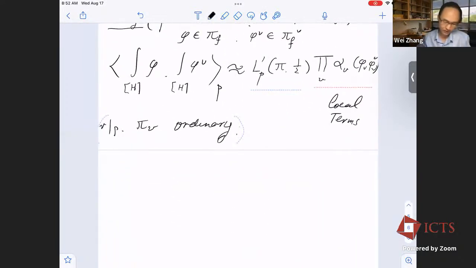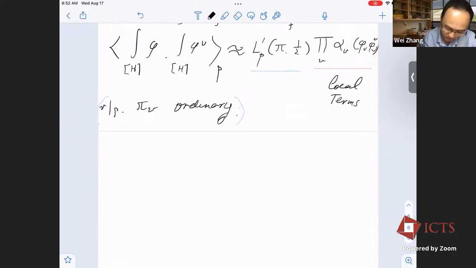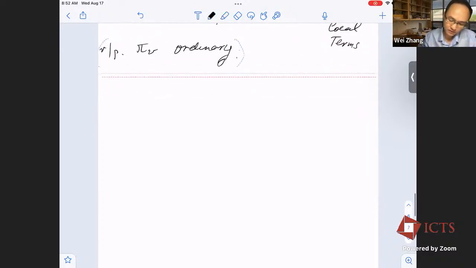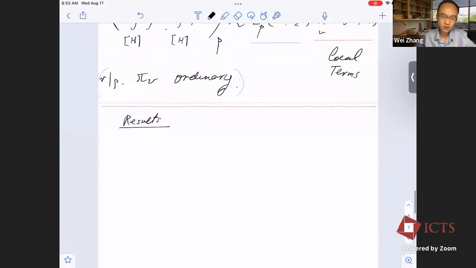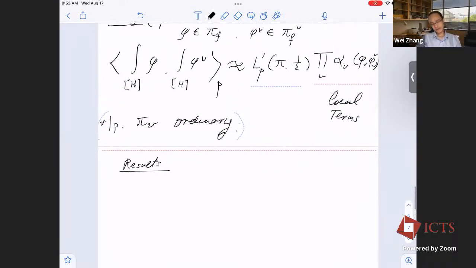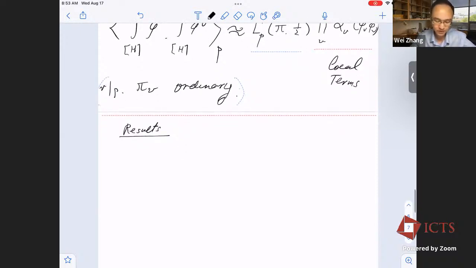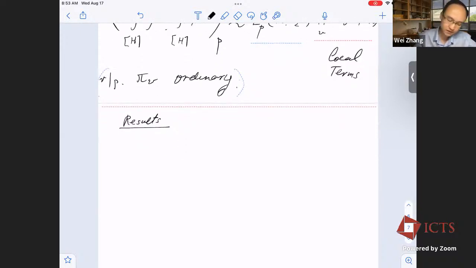So let me, in the last 8 minutes, state a theorem. So the result. I mentioned, in the case of n equal to 2, this is really not much different from the classical Shimura curve case.